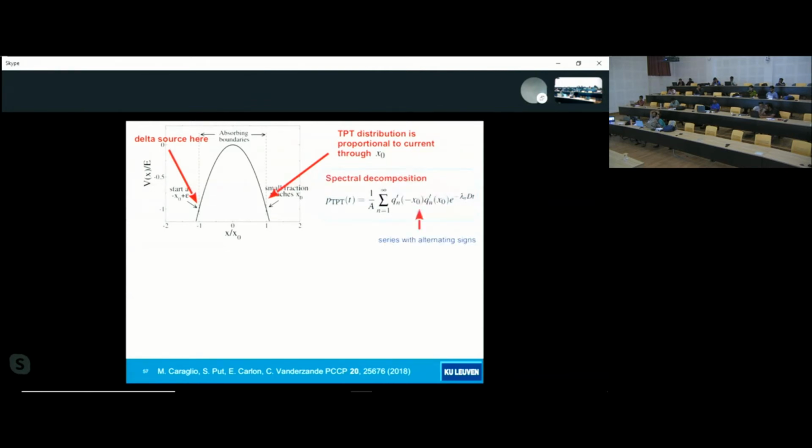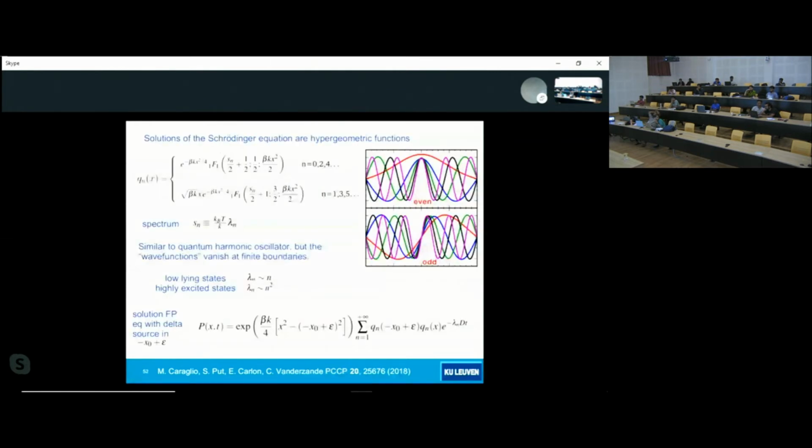This is a series of infinite terms, but the terms have alternating signs. The Q of n are the wave function at the two sides, and you realize easily that this product has opposing sign, because I can go back to the previous slide. If you look at the red curve on the top, the derivatives at the two edges have opposing sign, one positive and one negative. That's n equals 0. When you go to n equal 1, you have one node.